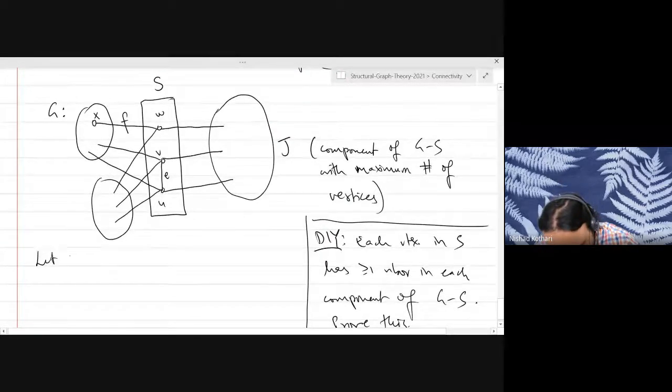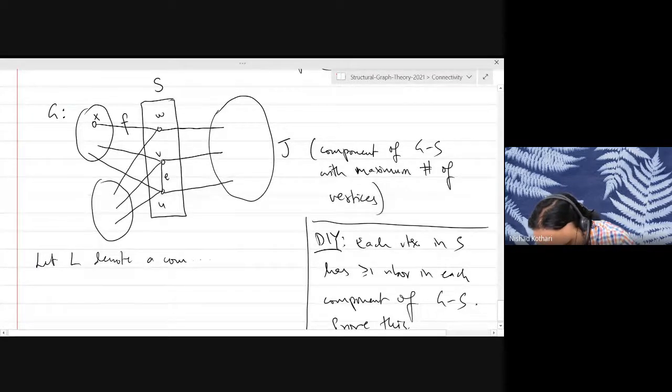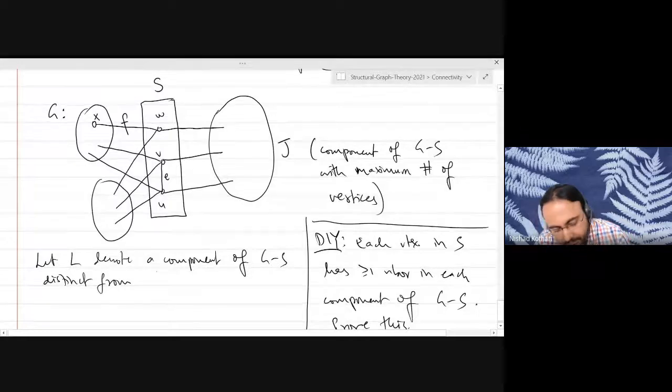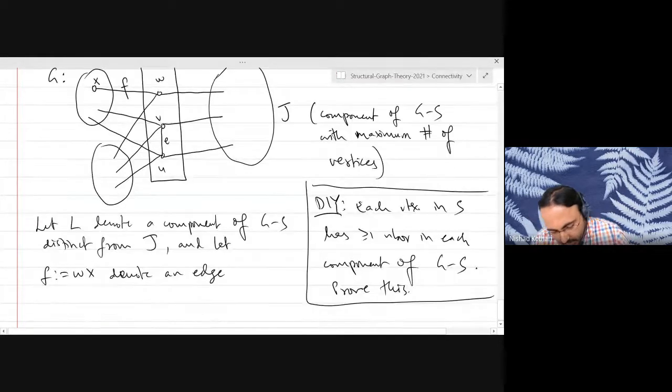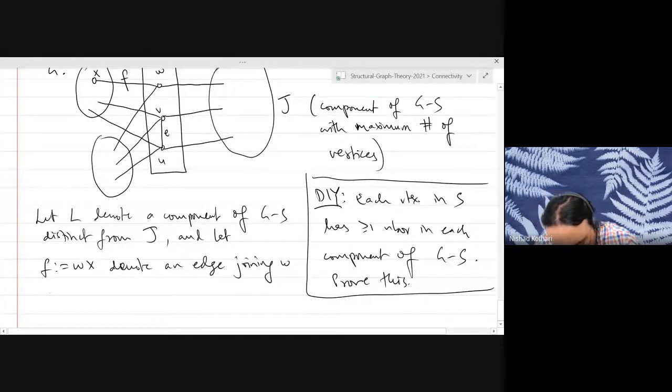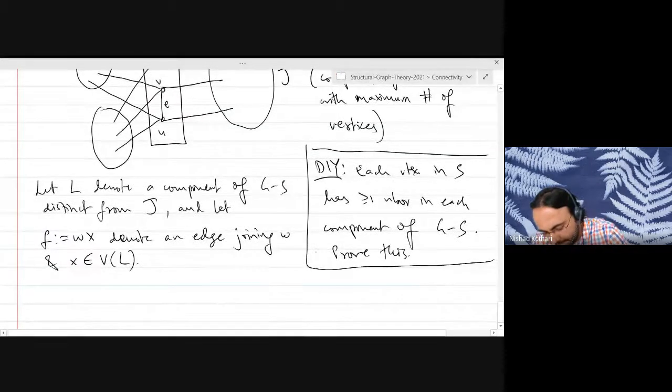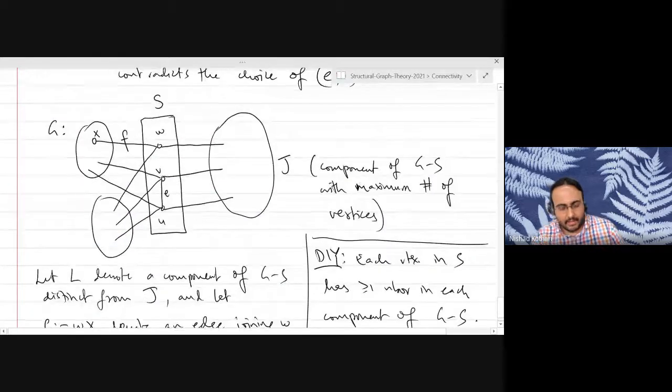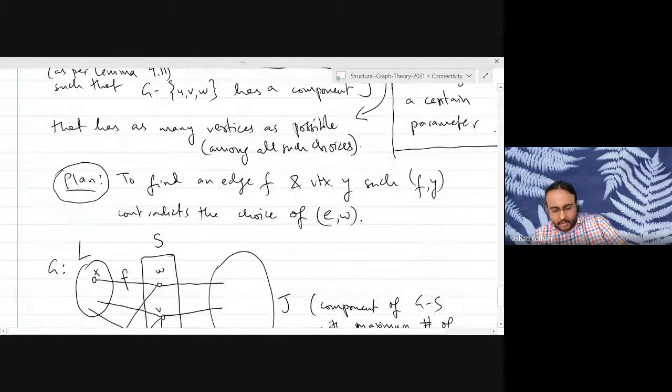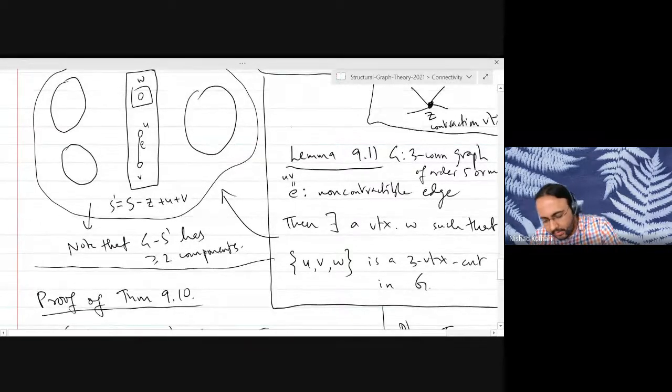So what is the plan? Let L denote a component of G minus S distinct from J, so it is not J, and let F equal to WX denote an edge joining W and a vertex X in this component L. Because of this exercise, there has to be at least some neighbor of W in the component L. This is L. Because every edge is non-contractible, this lemma 9.11 applies to the edge F as well.